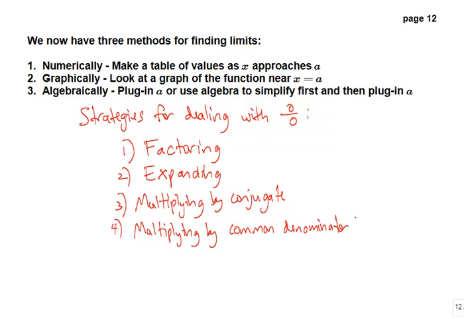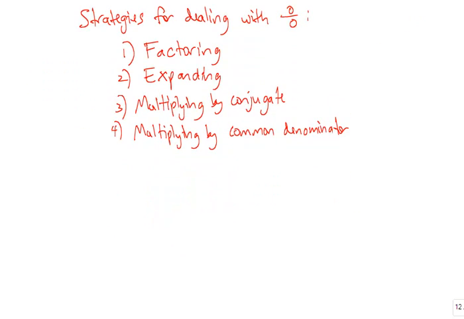And then we had some of those trig strategies, converting tangents into sine of theta over cosine of theta, and see if that helps you to reduce. And then finally we had some limits that you want to have memorized.